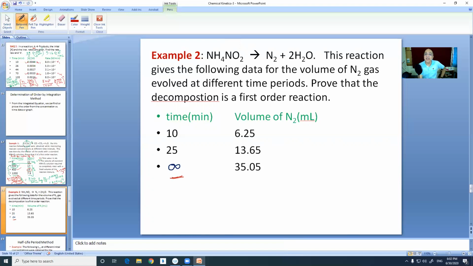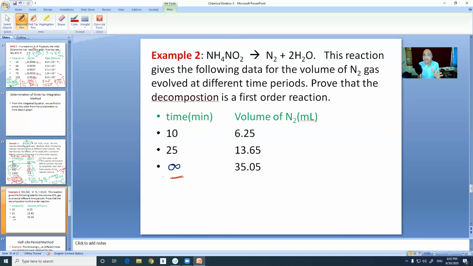Whenever in any data in this type of problem there is no rate given, the table doesn't carry any rate, but time and concentration of the product, then definitely when time increases, zero time will not be there because there is no product at zero time. So in such cases where product concentration is monitored, you will find a last data point that is infinite time, meaning not 100 years or 200 years.